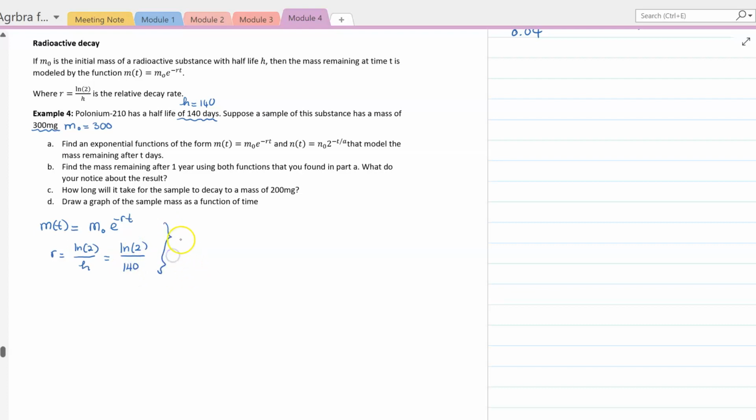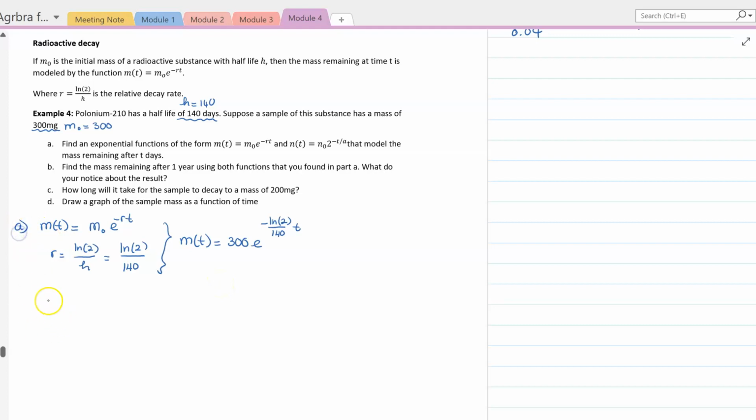With this information, I get M of T is equal to 300 times e to the negative ln of 2 divided by 140 times T.